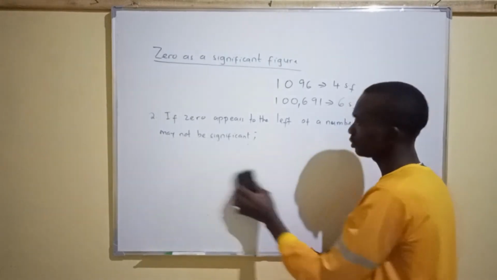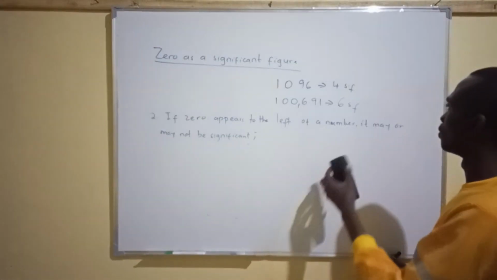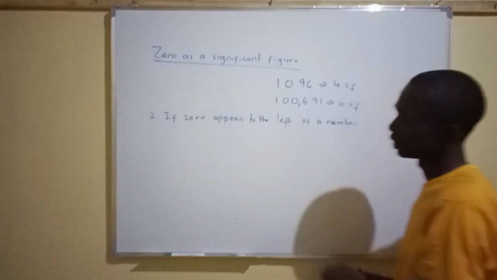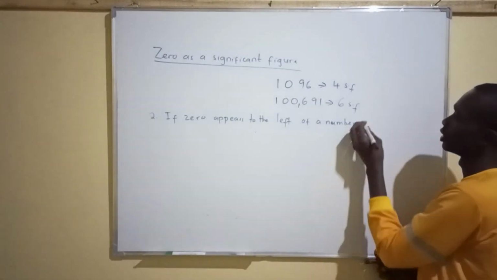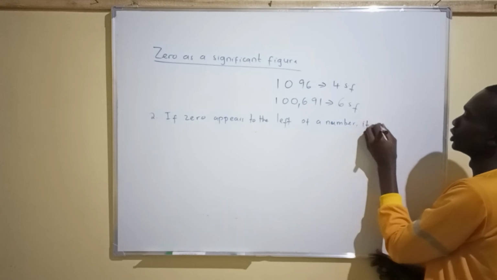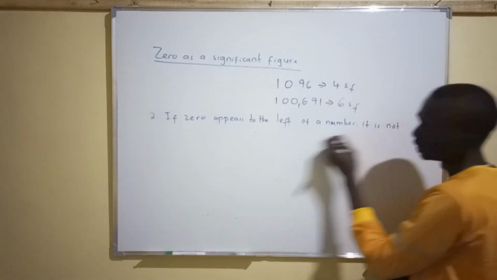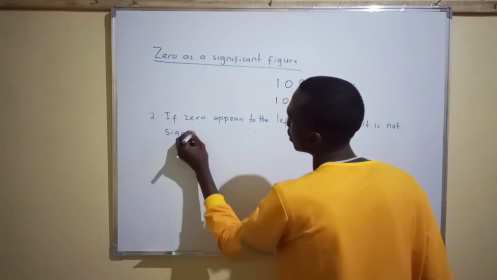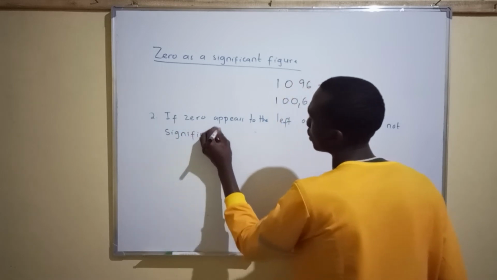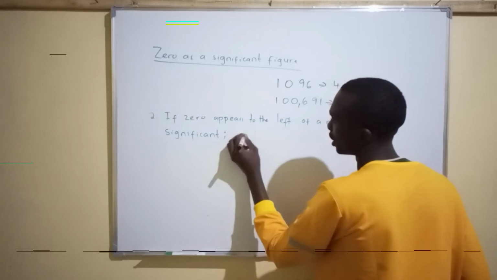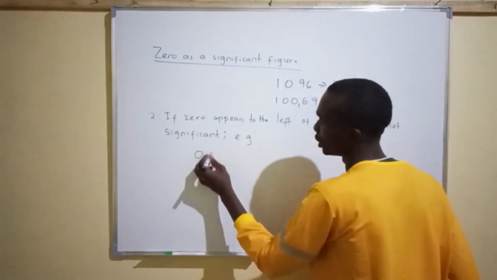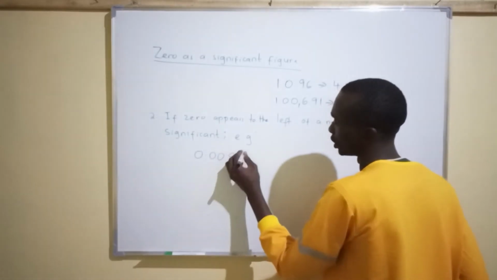If 0 is appearing to the left of a number, it is not significant in that case. An example is when you have 0.0096.